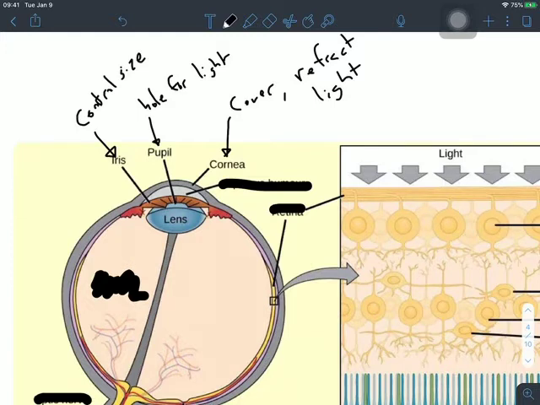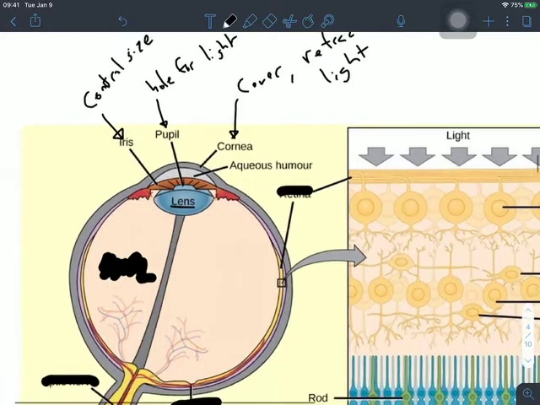The iris is also where pigment proteins are expressed, so the iris is where you get color. In between the cornea and the iris and pupil, you have the aqueous humor, or a liquid layer. And then you have the lens that allows for the focusing of light.